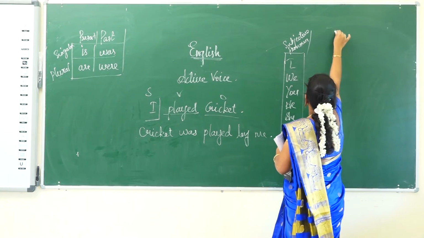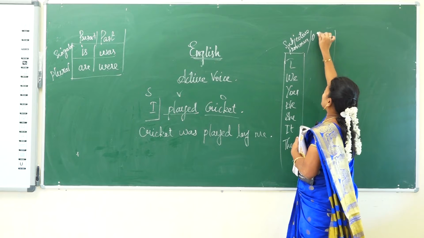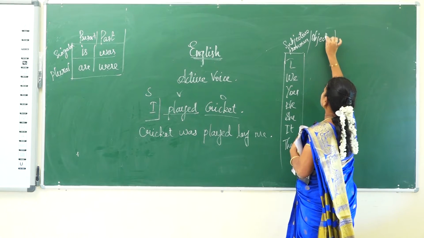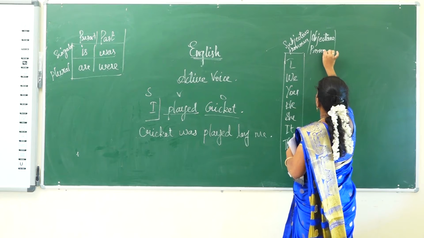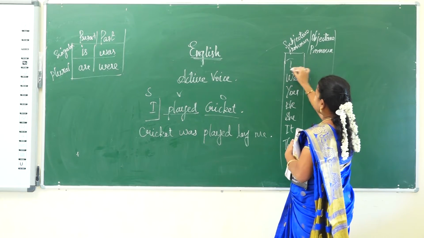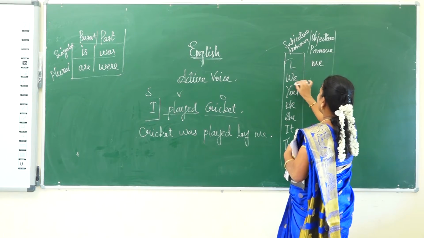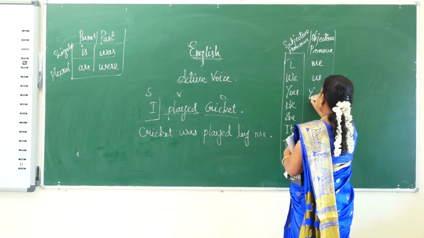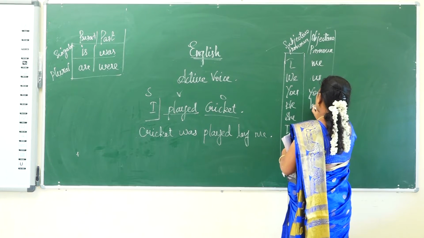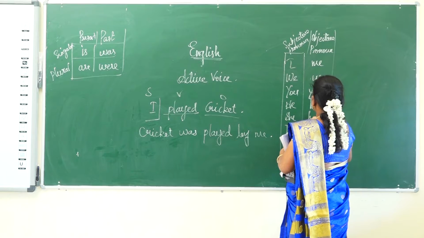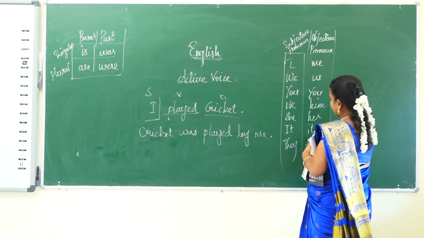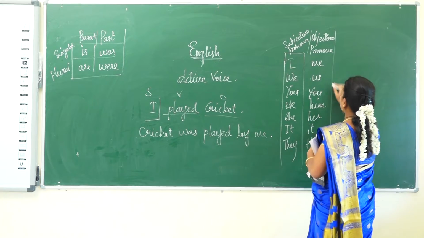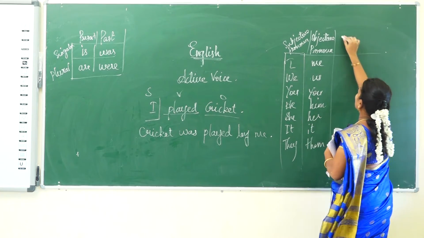And the next one is objective pronouns. I will change into me, we will change into us, you, he, him, she will change into her, it will change into it, they will change into them. Okay. Then possessive pronoun.